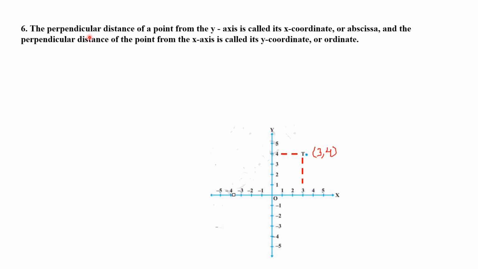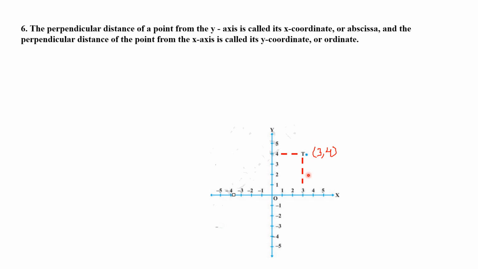Again I am telling you, the perpendicular distance of a point from the y-axis gives the x-coordinate. So this is your y-axis and this is the perpendicular distance. This distance will give you the x-coordinate. See, it's ulta: the perpendicular distance from the y-axis gives the x-coordinate. Many times children get confused in this. And this x-coordinate is also known as abscissa.